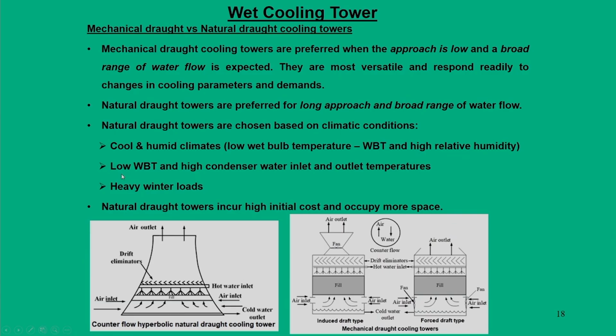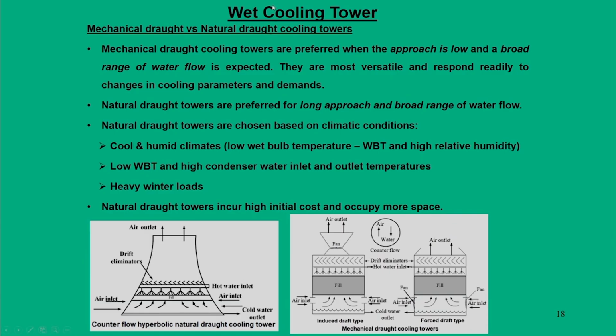When we have the advantage of low WBT and high condenser water inlet and outlet temperatures, when there are heavy winter loads, that means in a winter environment or in cooling areas where we have this kind of climatic conditions, then the choice of natural draft cooling tower is taken into account. But for other places, mostly the mechanical draft type that uses an induced draft fan is preferred.